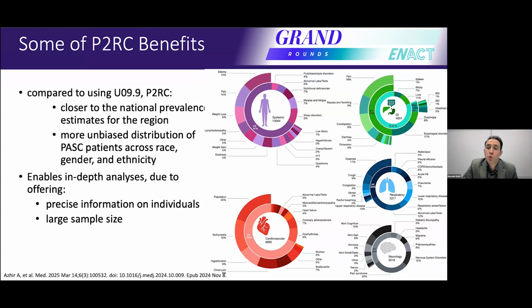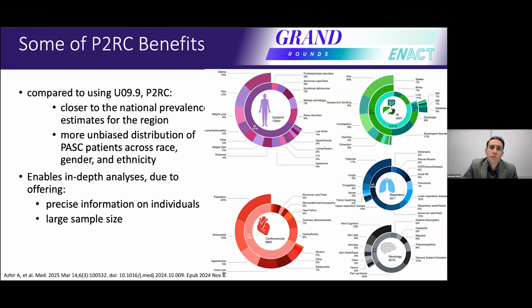Applying U09.9, you would only get about 6,000. That means we are getting closer to the true national prevalence estimate. We might be overestimating slightly, because of inaccuracies in the EHR data, but at least we know that we are not grossly underestimating its prevalence.